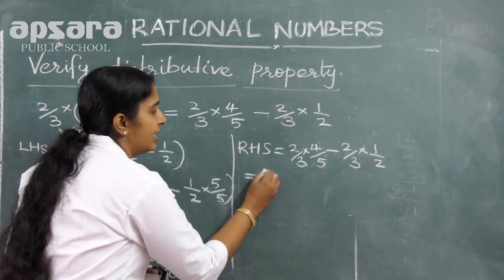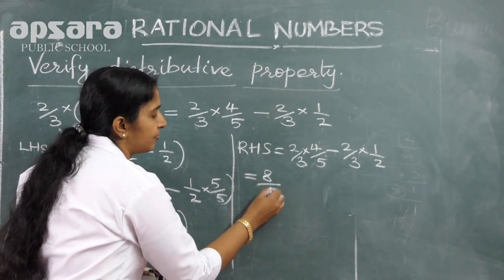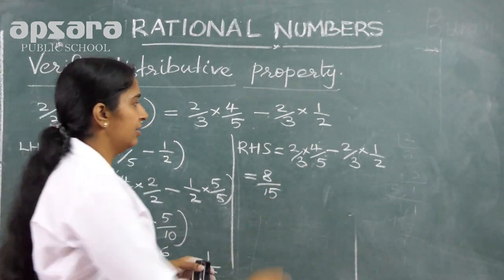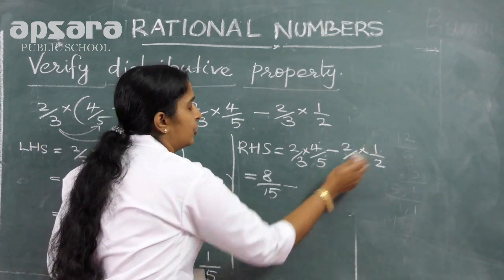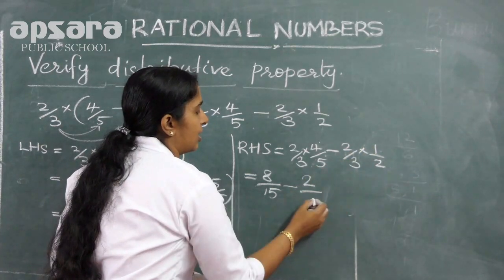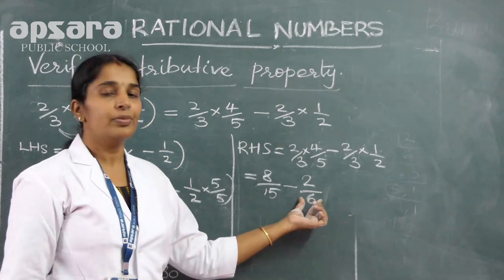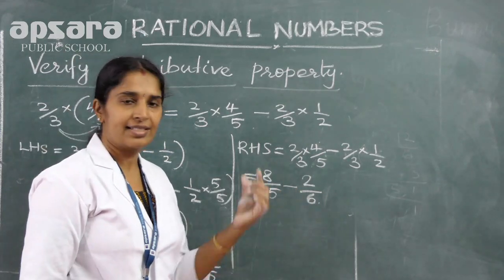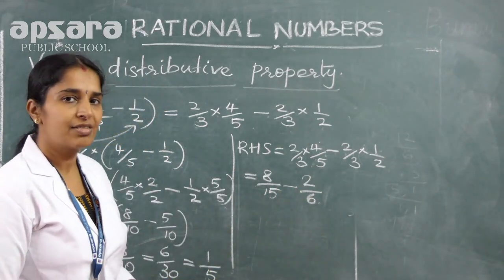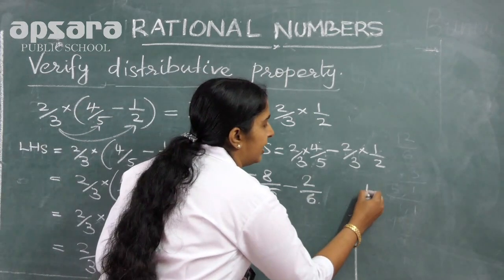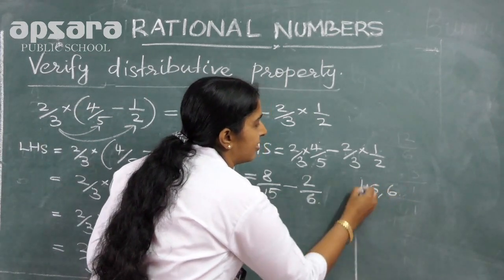So 2 4s are 8. 3 5s are 15. Next, 2 into 1, 2. 3 2s are 6. Here also the denominators are different, 15 and 6. So find the LCM of 15 and 6.